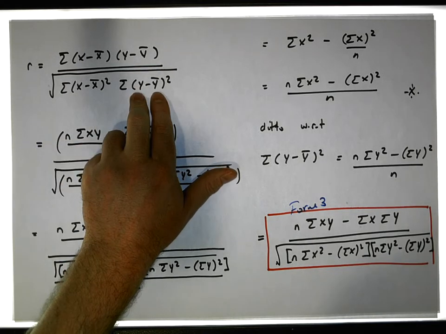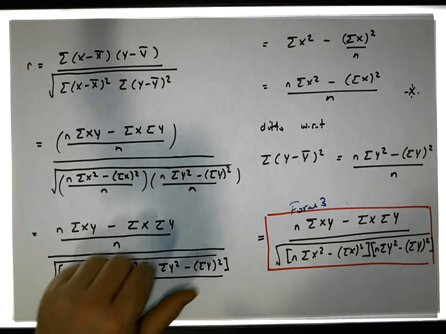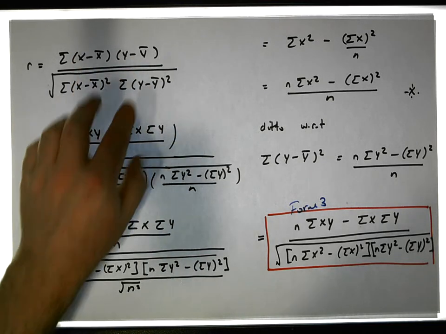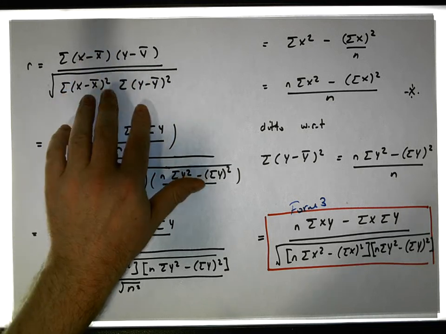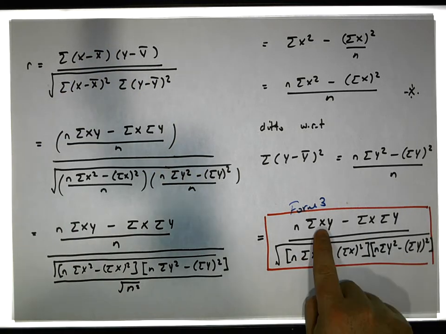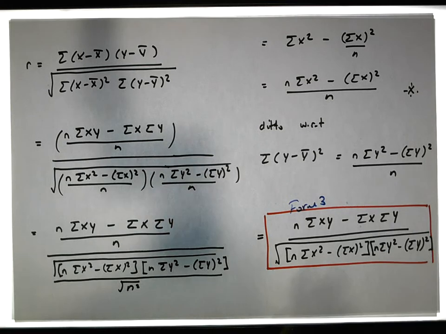So there are 4 fundamental calculations and 2 means going on in here, whereas with this there's only calculating the cross products, the x squared terms and the y squared terms, because you've already got the x's and the y's. So this form 3 is very good from a calculation perspective, if that makes sense.